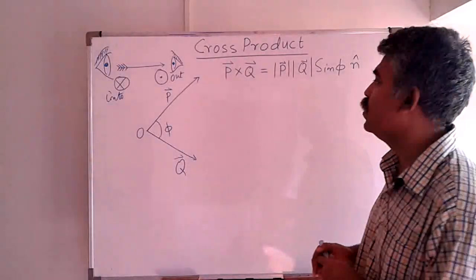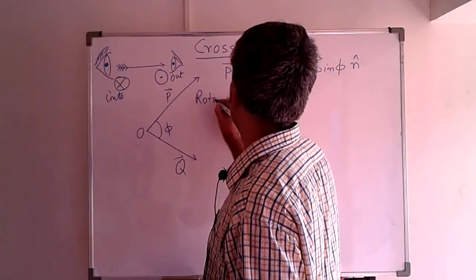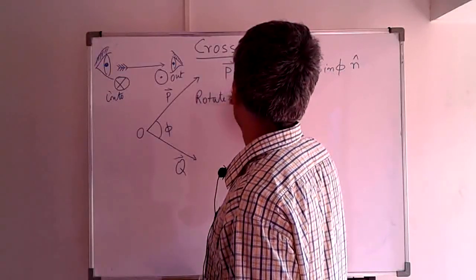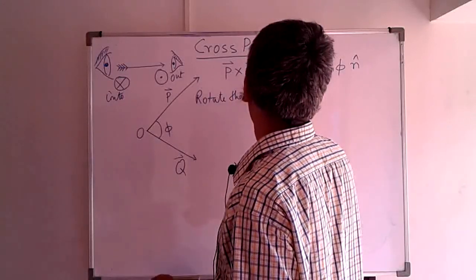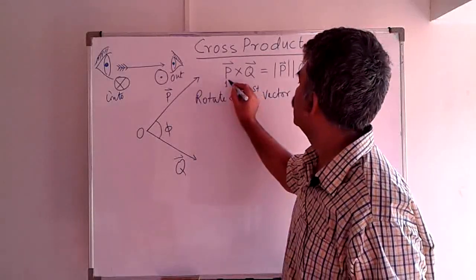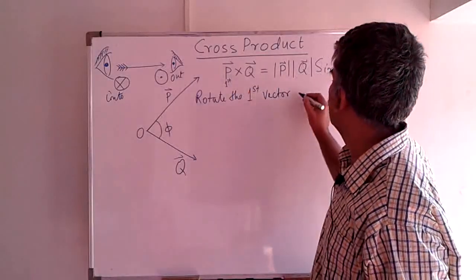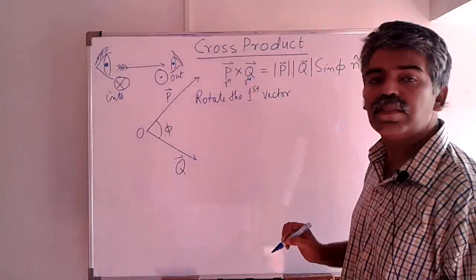The rule is rotate the first vector. First vector, which is the first vector? This is the first vector. And which is the second vector? This is the second vector.